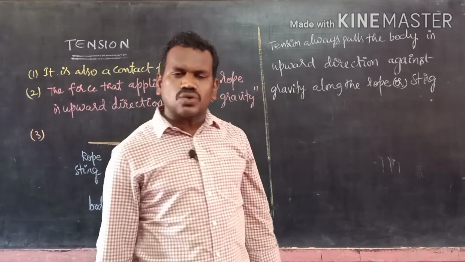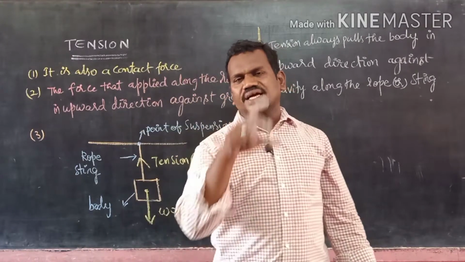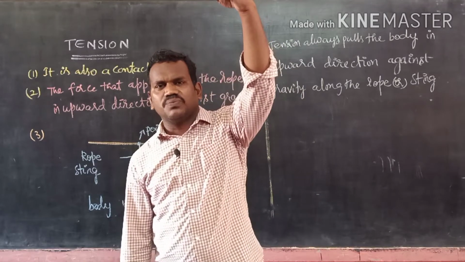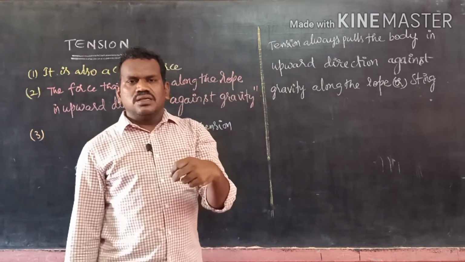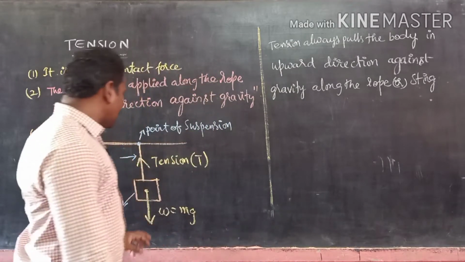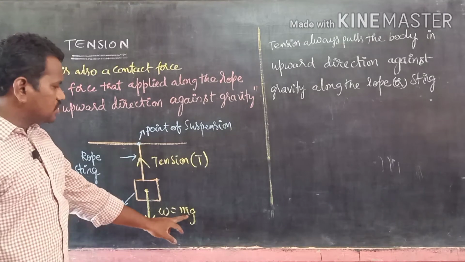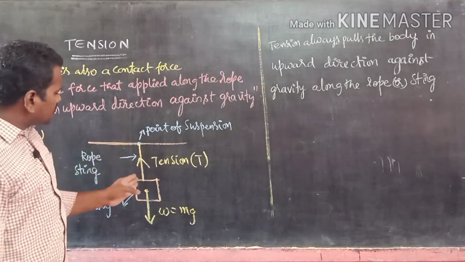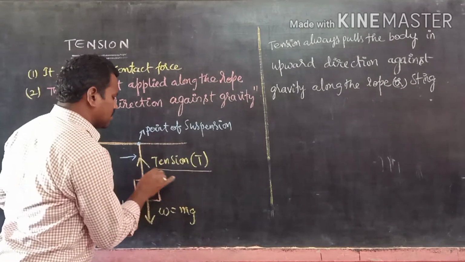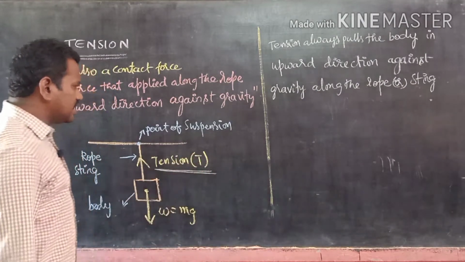Even in the case of the crane, the rope is also applying force in the upward direction. If the rope is cut, the body falls because of gravity, that is W equals mg. The rope applies a certain amount of force in the upward direction. That upward force is nothing but tension, represented by the letter T.